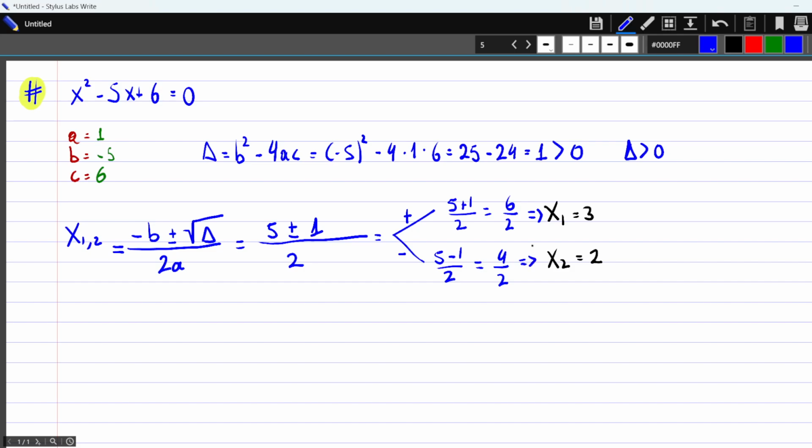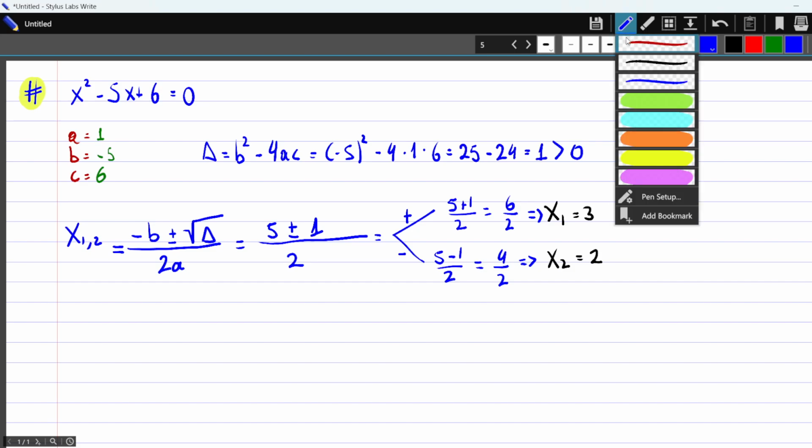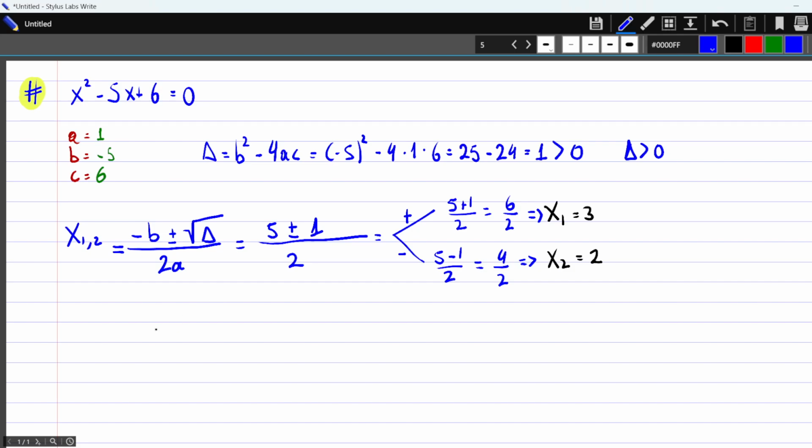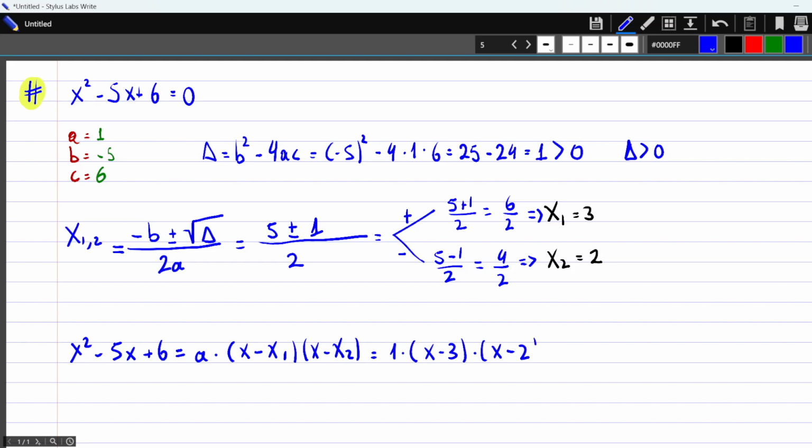And if we were asked to factorize this polynomial, x squared minus 5 times x plus 6 equals a times x minus x1 times x minus x2, where a is 1, times x minus 3 times x minus 2.